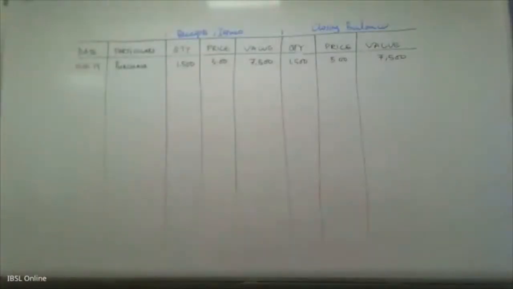I hope you all can see the board. The board is visible, right? Yes, sir. Fine. So the first item is that we have booked a purchase of 1,500, and the value is 7,500, which is the first transaction. So we have recorded that. Now comes the second transaction, which is an issue.